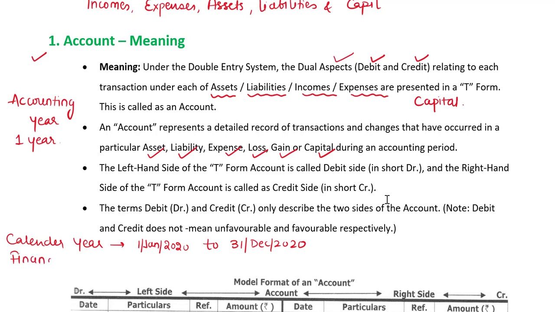One more popular year is the financial year. It starts from 1st of April 2020 to 31st of March 2021. The year 2020 is just indicative.